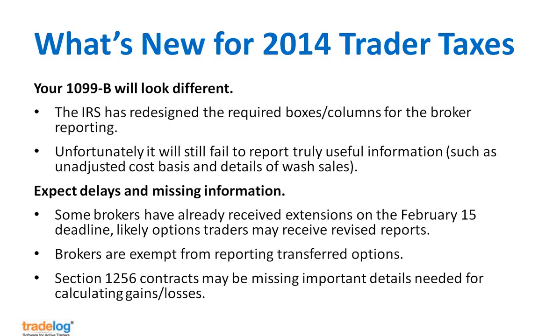The 1099 itself is going to look different. That's something that you're going to notice as a taxpayer. The IRS redesigned some of the required boxes and columns that the brokers have to report on the 1099-B. Unfortunately, it's still a rather useless report for most active traders because the 1099 still isn't going to report unadjusted cost basis or details about wash sales.